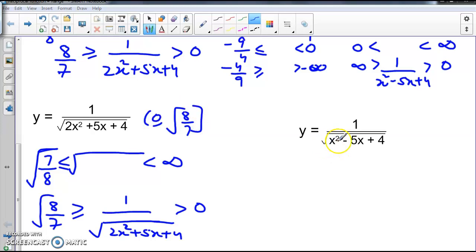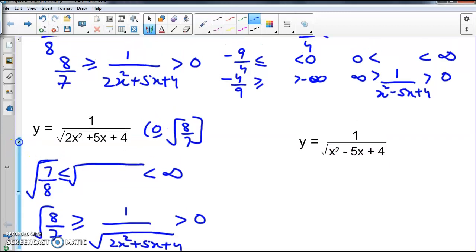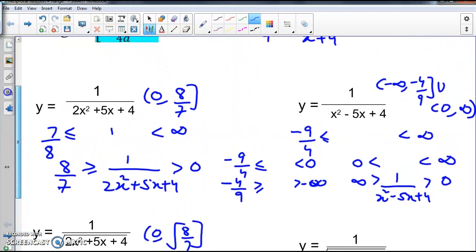Next, let us take y is equal to 1 upon square root of x square minus 5x plus 4. We have discussed the case y is equal to 1 upon x square minus 5x plus 4. Its range is from minus infinity to minus 4 by 9 or from 0 to infinity. Now we have to take square root, so we discard negative values because we cannot take square root of negative values.